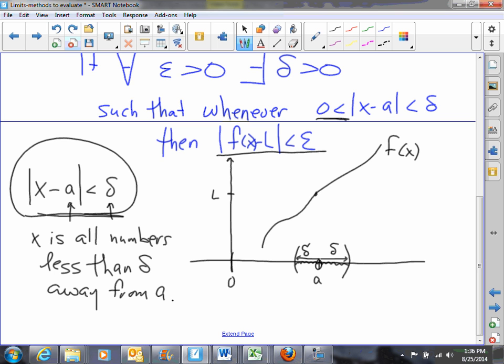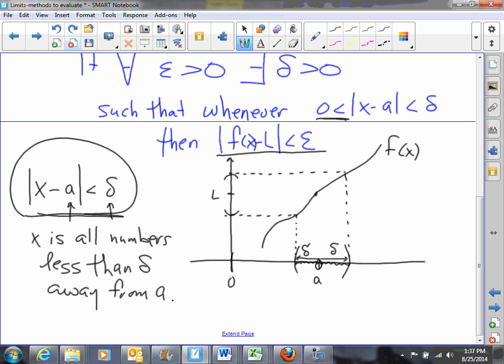Now, notice that if we were to take all of these values in the delta interval around a and map them using f to the y-axis, we would get this open interval here.